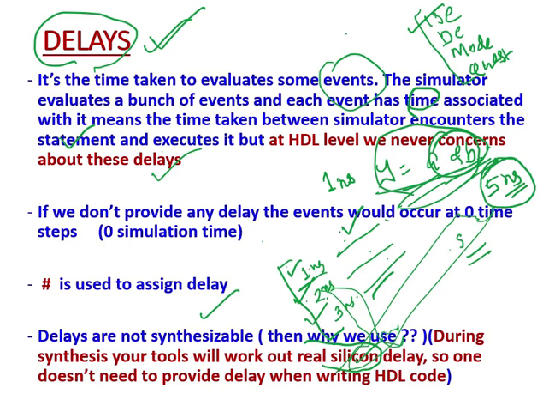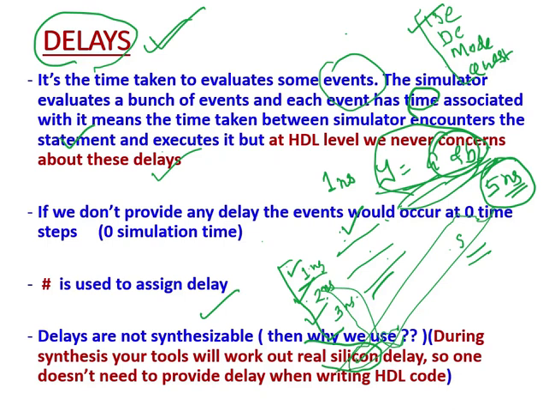When we are writing HDL code, we do not provide such delays because these are ignored by the simulator. It won't show an error, though some simulators might show an error. But normally, if any delay is written in HDL code, it is ignored. It is never considered actually.